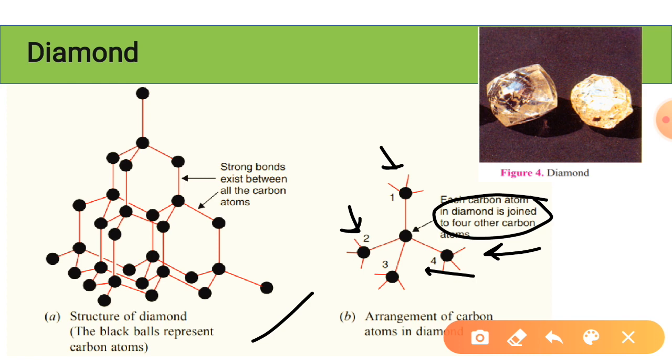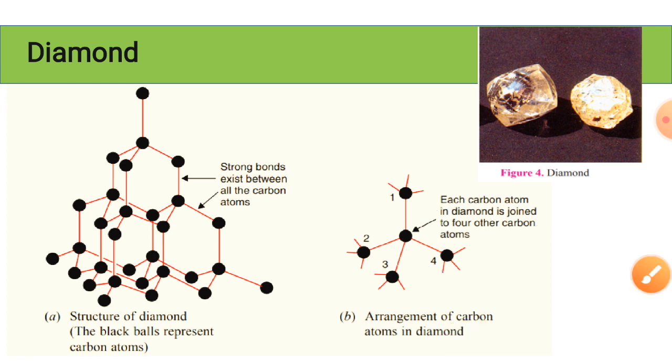This type of structure is called a tetrahedral arrangement, and because of it, diamond is very hard. A lot of energy is required to break the network of strong covalent bonds in the diamond crystal. That's why it has a high melting point. And the reason diamond does not conduct electricity is that it does not have any free electrons to conduct electricity.